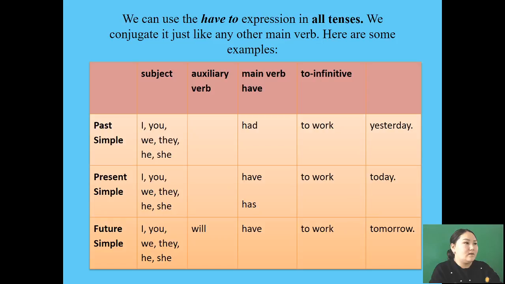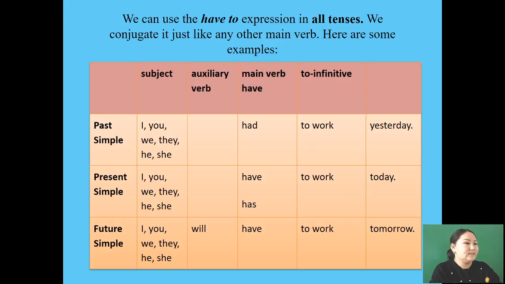Also, we can use have to in all tenses, and we conjugate it just like any other main verb. Let's look at the table. There we use past simple, present simple, and future simple.